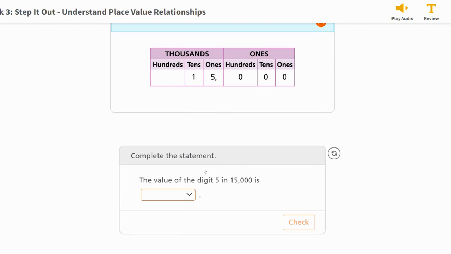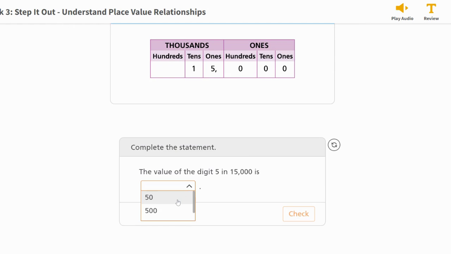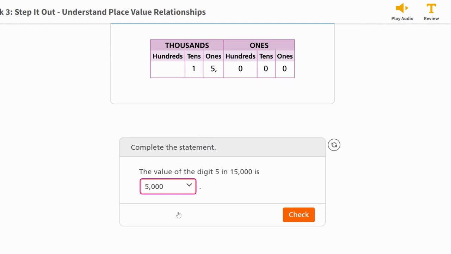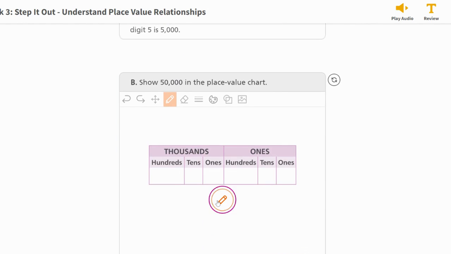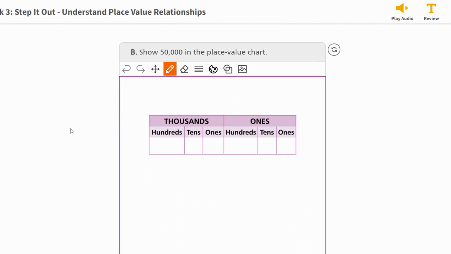The 5 in 15,000, the value of that number, is it worth 50? Is this worth 500 or is it worth 5,000? Well, you should know it's worth 5,000 because it's in the thousands period. So now for letter B, let's show 50,000.